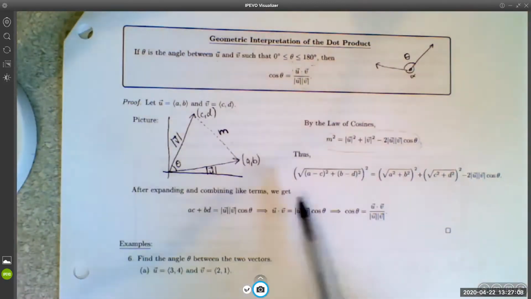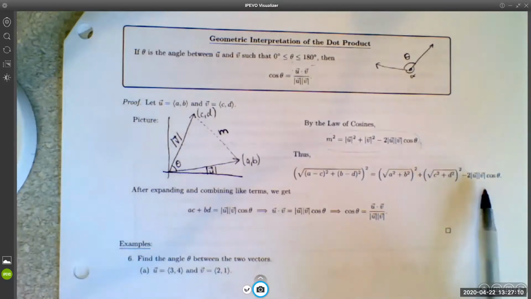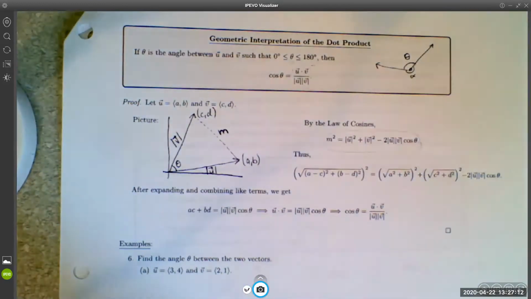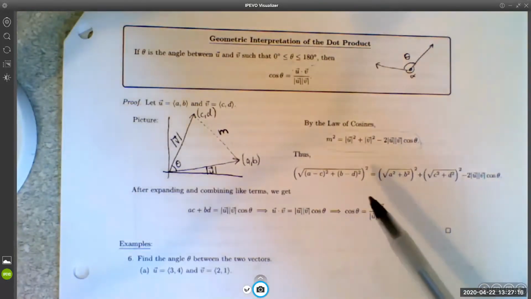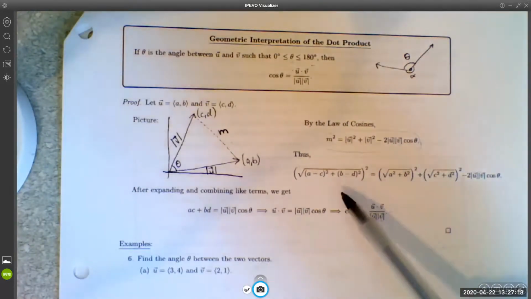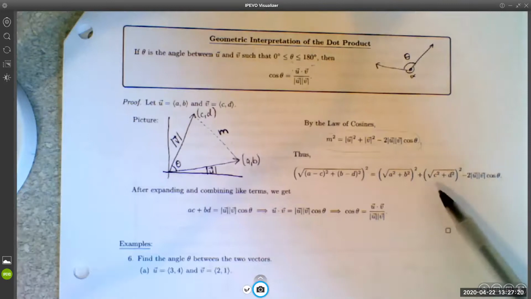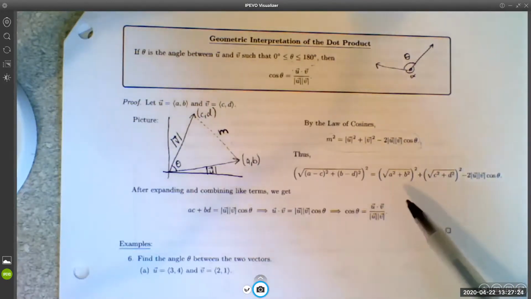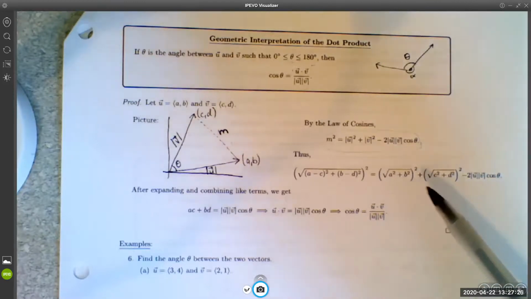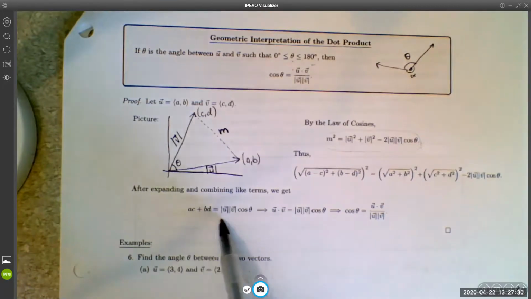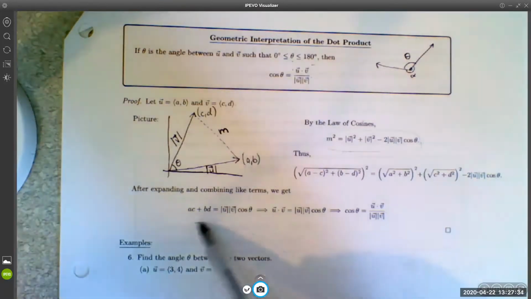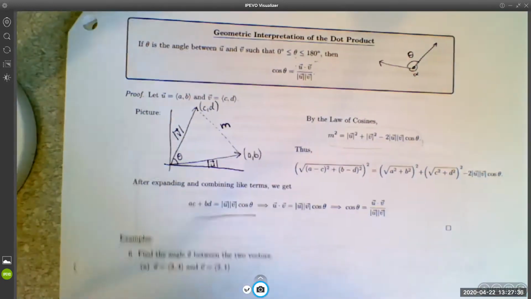I'm not going to work out all the algebra here. It's not that complicated. If you really wanted to convince yourself, it would be a good exercise to simplify this, combine like terms, and move everything over that you can. If you were to do that, you would end up at this point, where you see that A times C plus B times D is equal to magnitude of u times magnitude of v times cosine theta.